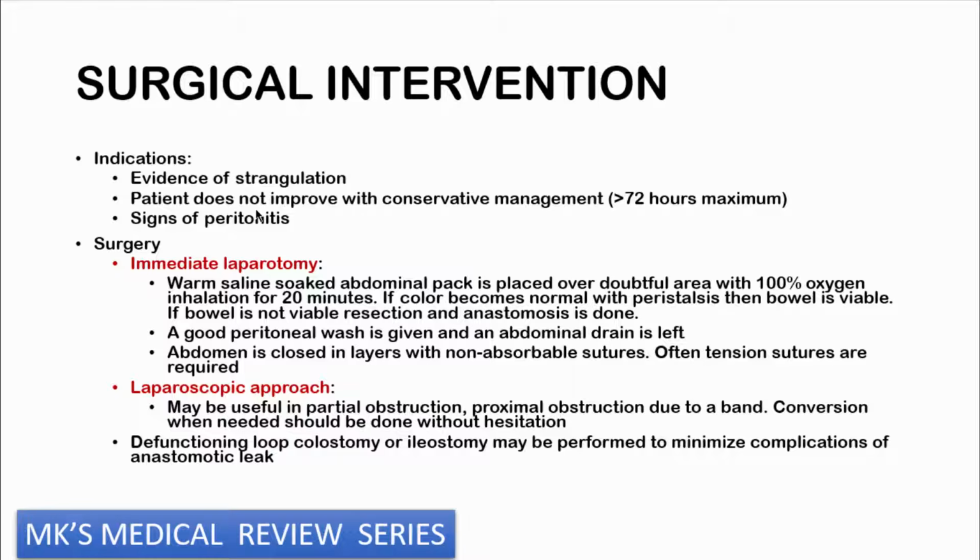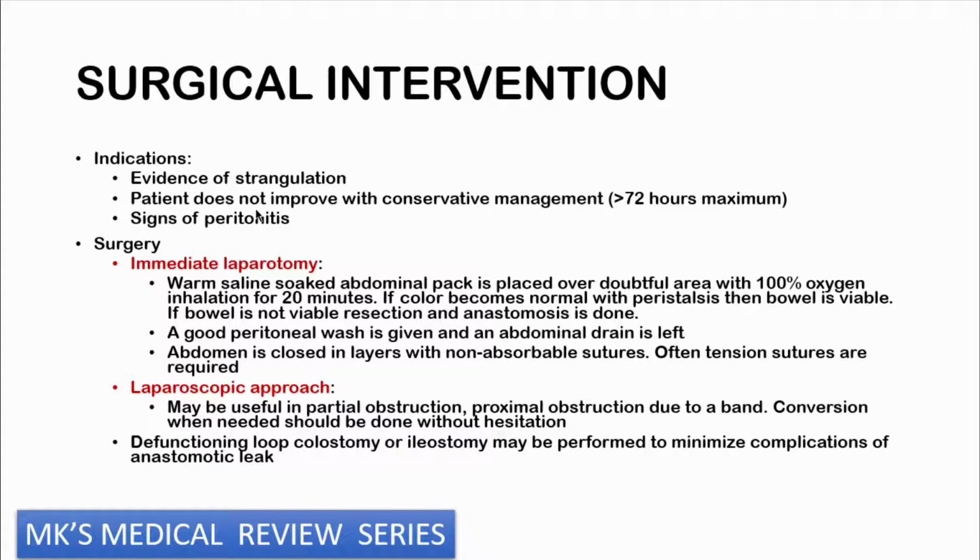You can resect and anastomose it, and then you obviously wash the peritoneum with some warm saline, and then of course leave an abdominal drain there, and then you close the abdomen obviously in layers using your non-absorbable sutures and using tension sutures. Then with a laparoscopic management, where you use a laparoscopy, usually you make a small incision.